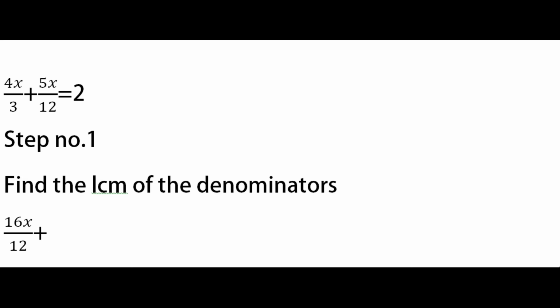Now I will read the table of 12 until I get 12. So 12, how many times does it go? It goes once only. So with 1 I have to multiply the numerator. So 1 into 5x, I get 5x.